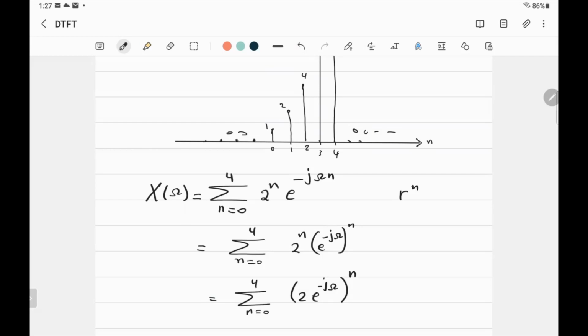2 power n. If you have something like that, how do we write it? Can you do it like that? Yes, you multiply the numbers because you have a common power.